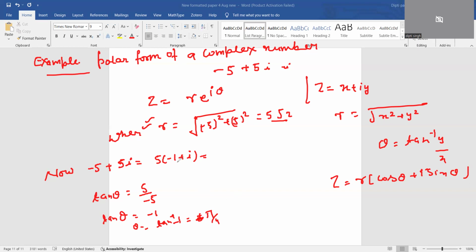Now we can put the value of these. This is 5 root 2 times cos minus pi by 4 plus i sine minus pi by 4. Tan inverse minus 1, that is tan pi minus pi by 4, that is 3 pi by 4.